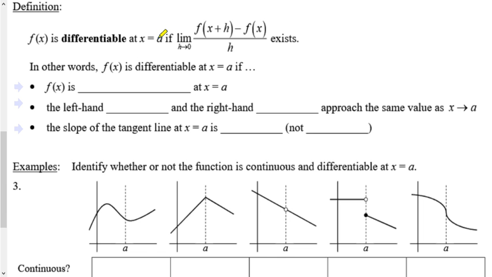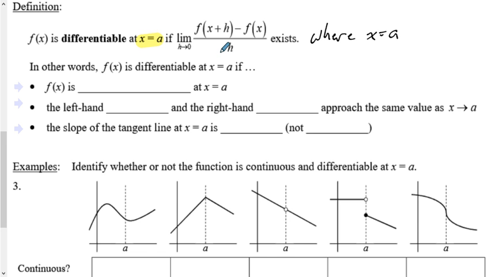Okay, so this part is important. We'd say it's differentiable at x equals a if this limit exists wherever x is equal to a. So maybe I should add that at the end here, where x equals a. In other words, it's going to be within the domain of this derivative function.